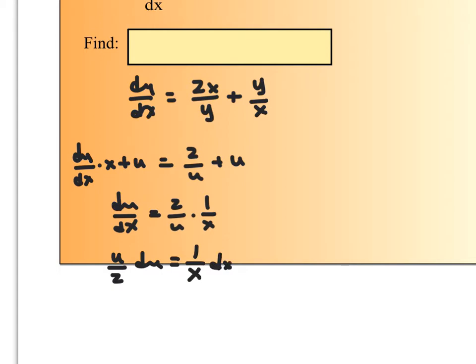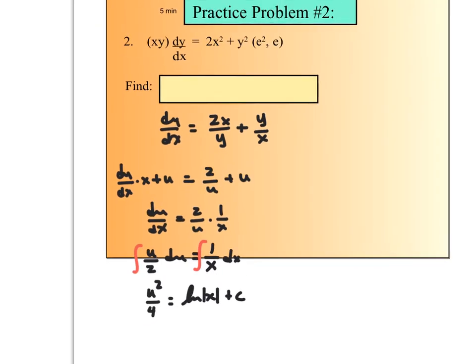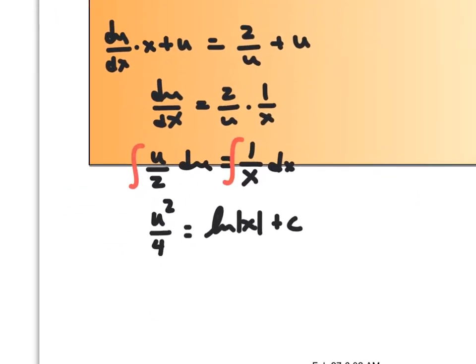So I'll integrate that, fun. That'd be u squared over 4 is equal to natural log of x plus c. In comes our initial condition, which is e squared, e. Okay, so u squared is really y squared over x squared.